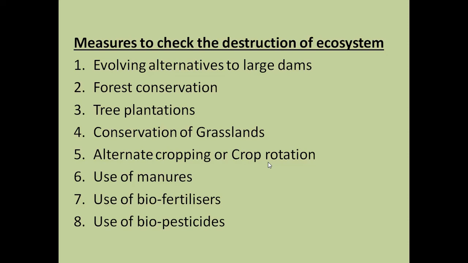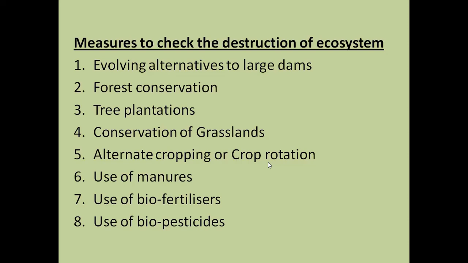If you continue to plant the same type of crop in that piece of land, then that land will become unproductive. That land will be affected. So to protect that land, we must plant the crops in rotation. And this is called crop rotation.